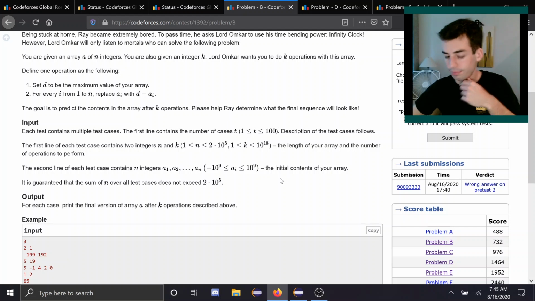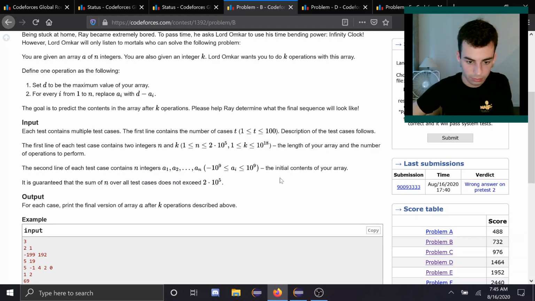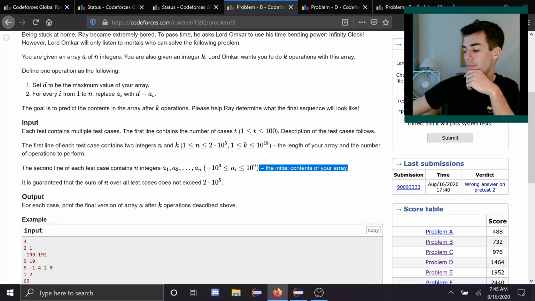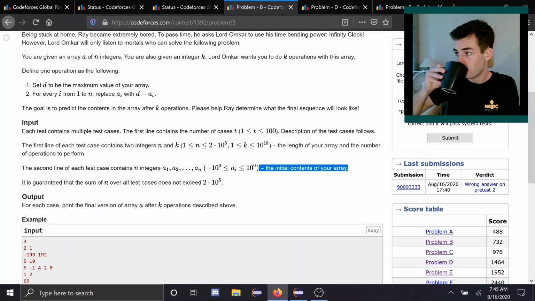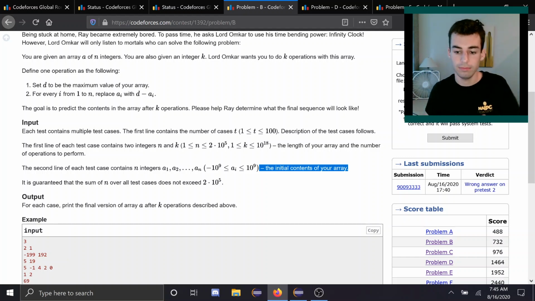Oh, they can have negative numbers. Damn, I missed that part. I didn't even read that part.